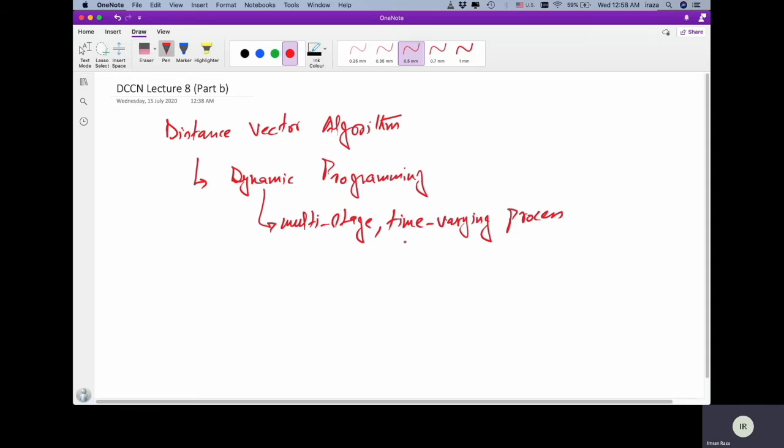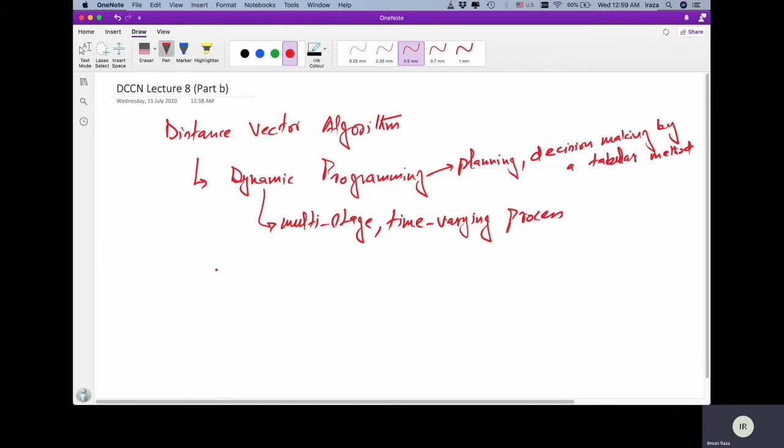And programming, obviously you're familiar with, means planning, or we can say decision making. Decision making by a tabular method, specifically if we talk about this distance vector algorithm.